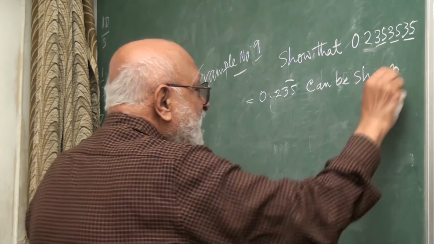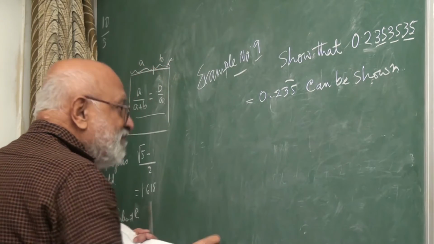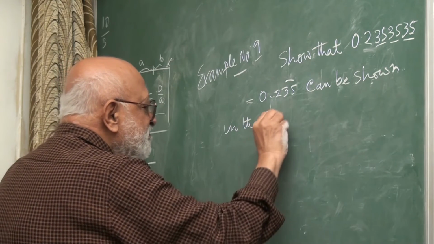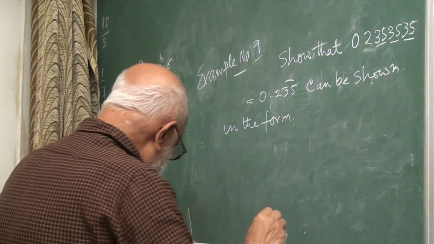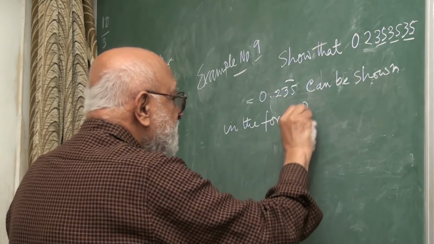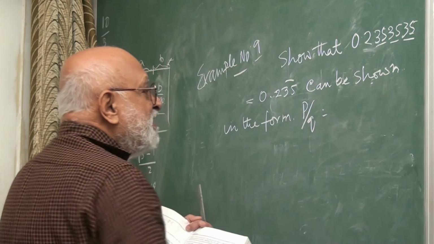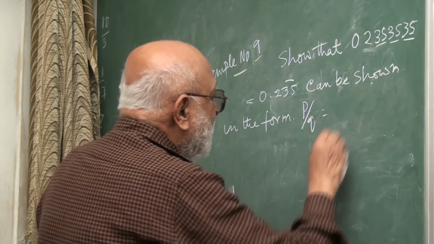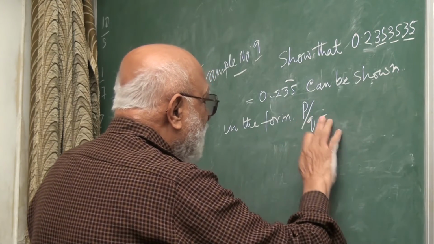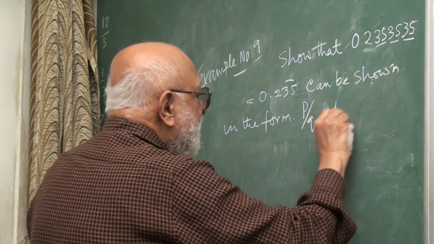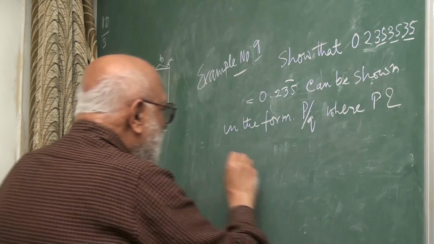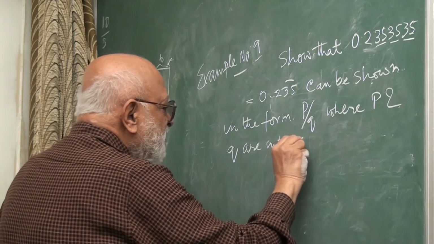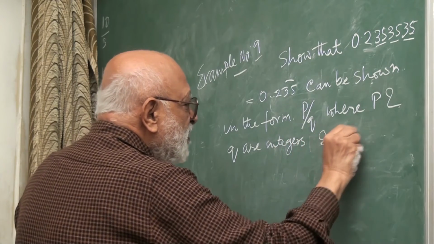Don't get confused by the wording, so I am writing that it can be shown in the form p by q, where p and q are integers and q is not equal to 0.